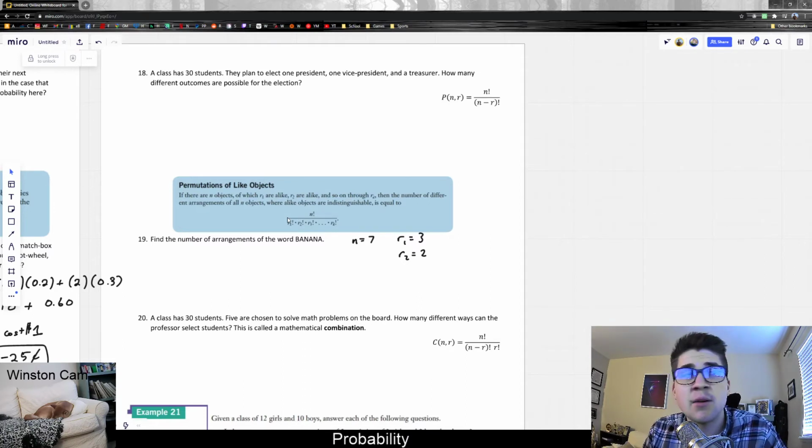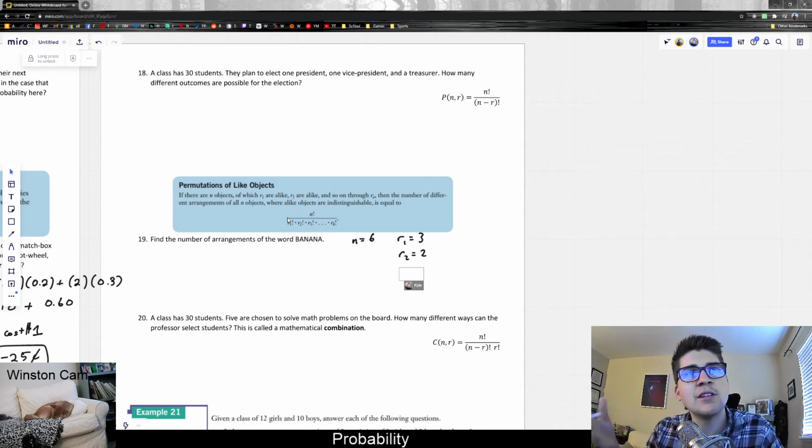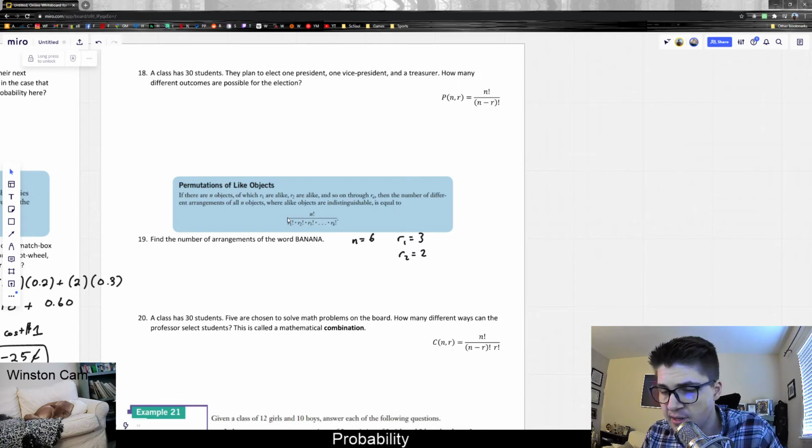And technically you could say B is our other choice, so R3 is equal to 1, but if you plug in 1 factorial, that's 1, and that's actually not going to matter. Sorry, there's only 6 letters in banana. What am I thinking?